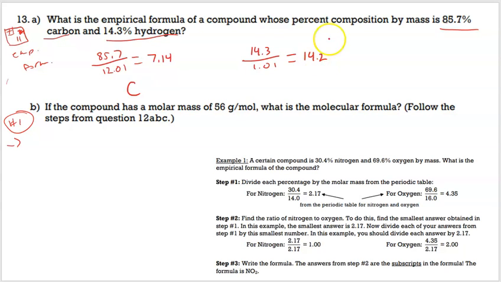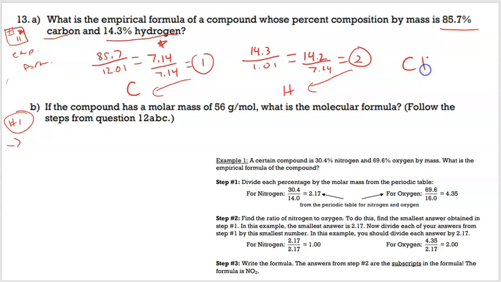Right? Now, that's going to be for hydrogen. Now, if I divide this, so the smaller of the two is 7.14. So I'm going to divide both of these by 7.14. And what I'm going to get is a 1 and something pretty darn close to a 2 right there. Right? So what that means is I have 1 carbon for every 2 hydrogens. So my empirical formula is CH2.